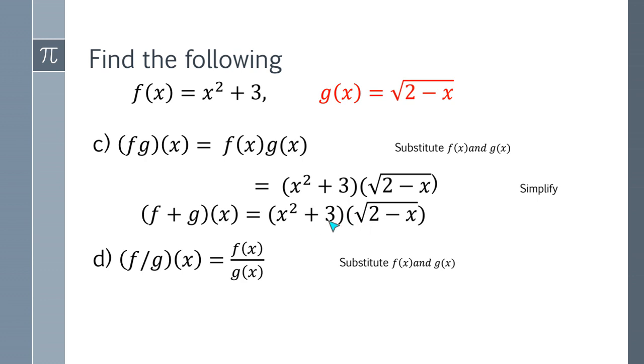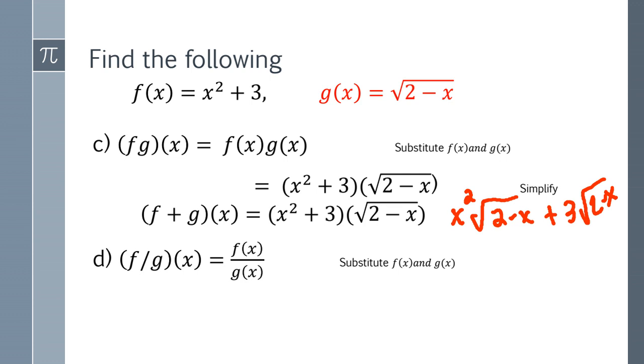The system would take this answer, but if you wanted to rewrite it, it would be x squared outside and then square root of 2 minus x. Let me just write it out. Hold on. Let me get my pen. So you could rewrite it as x squared square root of 2 minus x plus 3 times 2 minus x.